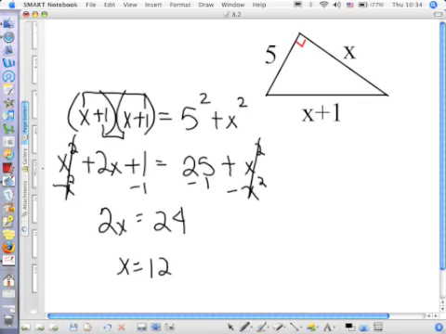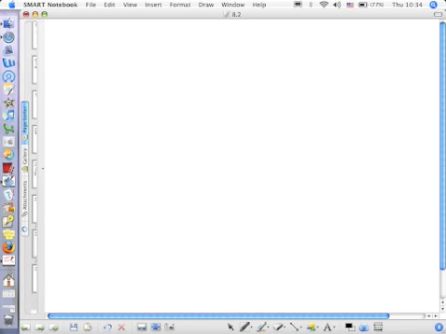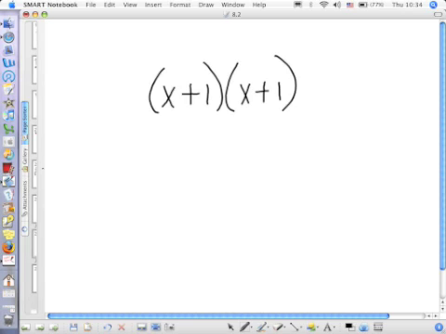Can you FOIL that one more time in slow motion? All right, watch. I'm going to color code it for you. F stands for first times first, which is x times x.